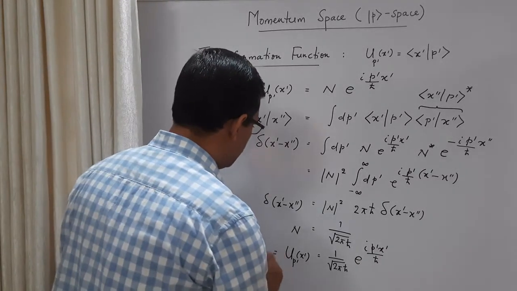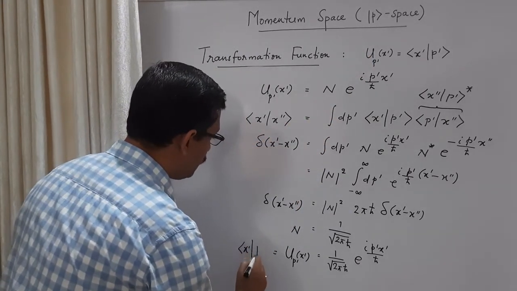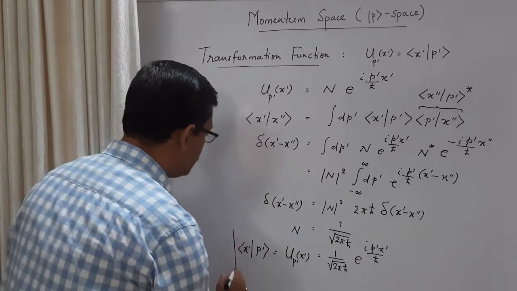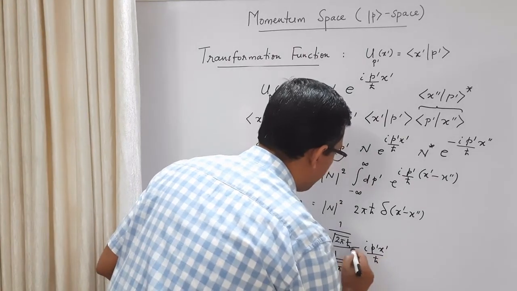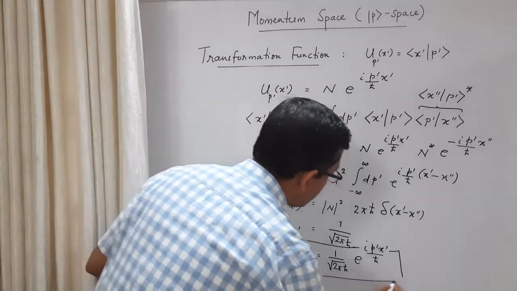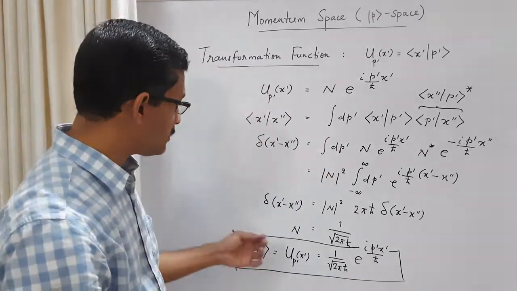And this is also equal to, according to this notation, component of momentum eigenket in position basis. So this result is a very fundamental result. We will use this transformation function often, and understand the importance.